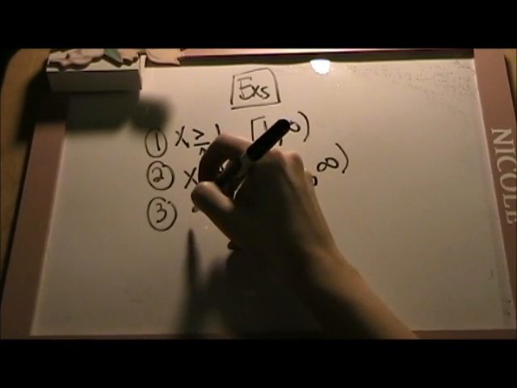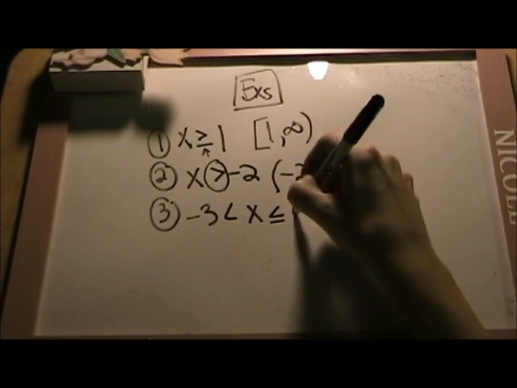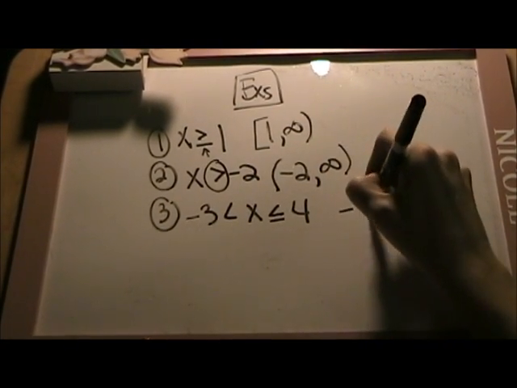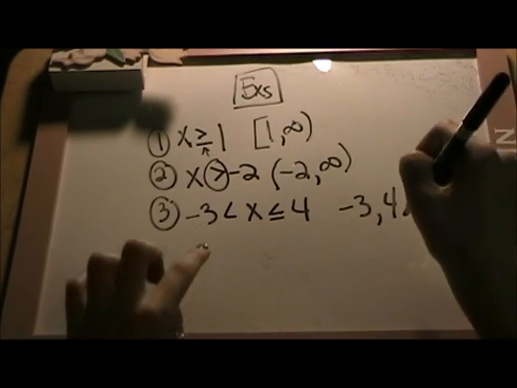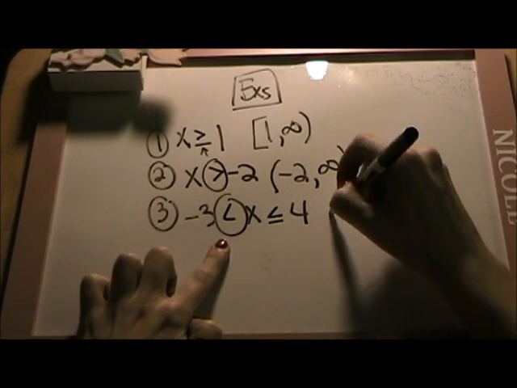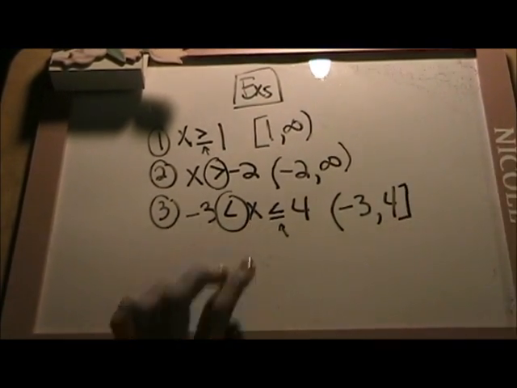Let's say I have -3 less than x less than or equal to 4. So x is between -3 and 4. It's not equal to, so parentheses, but it is equal to over here, so it's bracket.